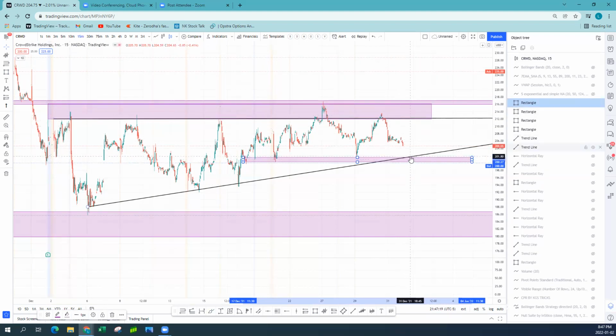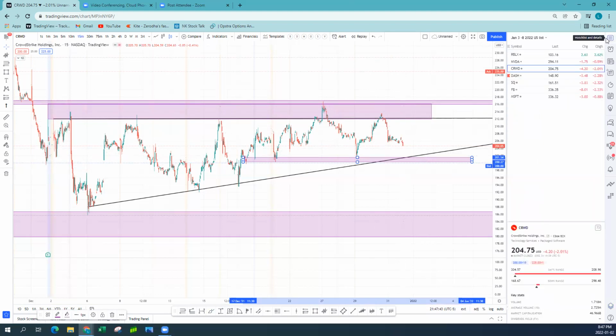If you really are bullish and want to buy, the 201 area is an area for you to get in, but the target will be 207. So short at the 214 or 215 area, stop loss would be 217. And if you want to buy at around 200, 202, 203 areas, stop loss will be 199. So that's for the crowd.